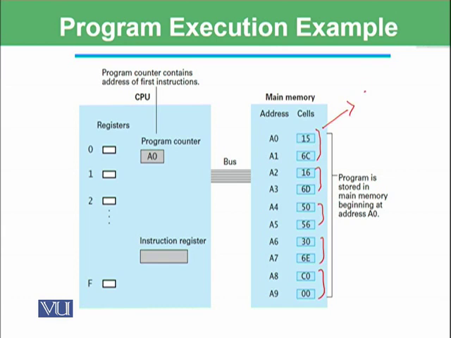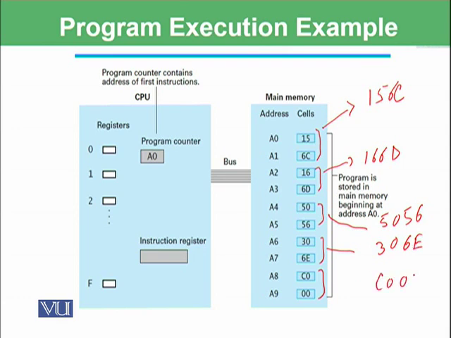So 156C is one instruction. Then 166D is another instruction. Then 5056 is another instruction. Then 306E is another instruction, and C000 is another instruction.